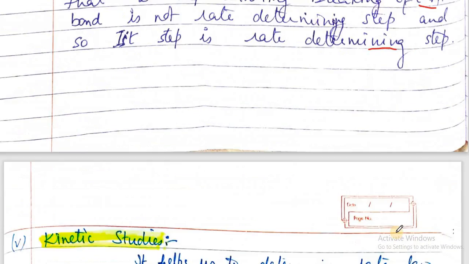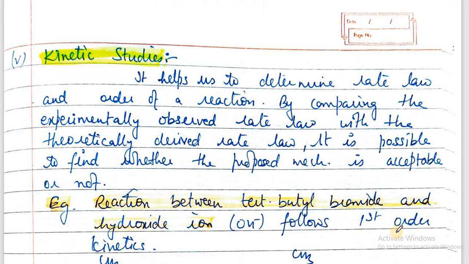So next is kinetic studies. Kinetic studies help to determine the rate law and the order of a reaction, as we have done earlier in lower classes also. In a rate law, we see how many reactants are involved in a reaction in a rate determining step.